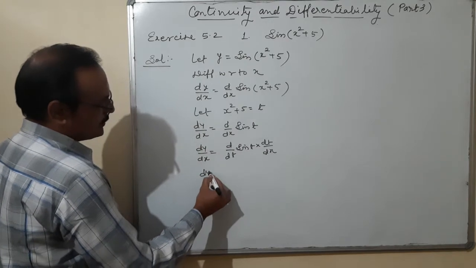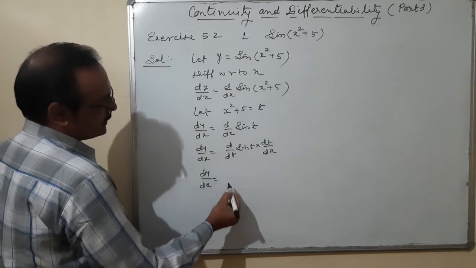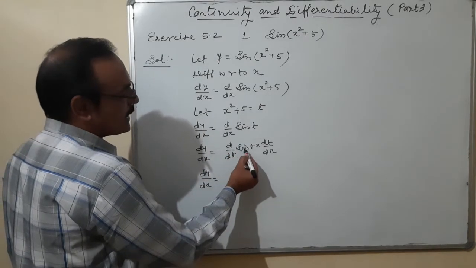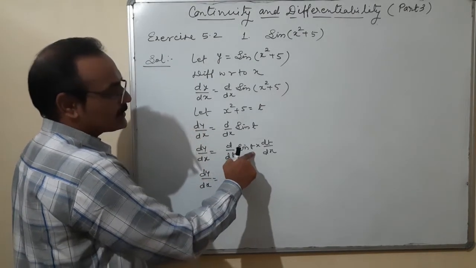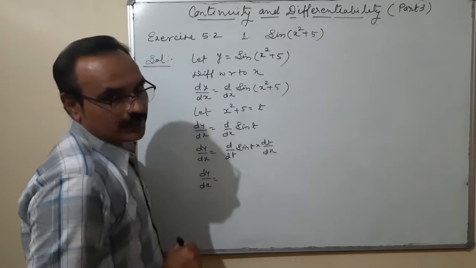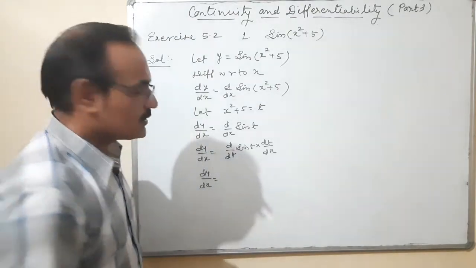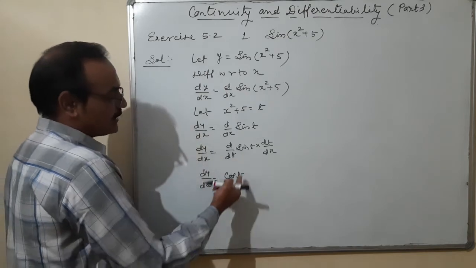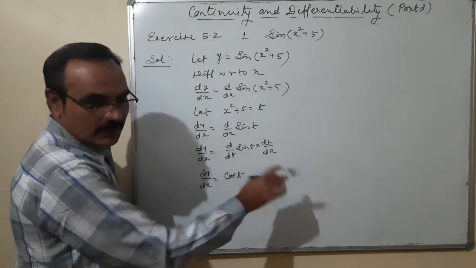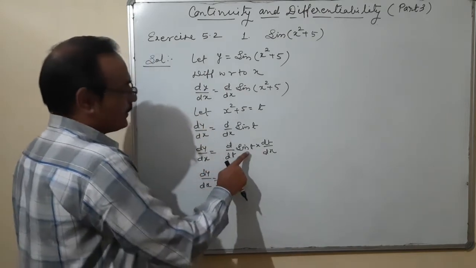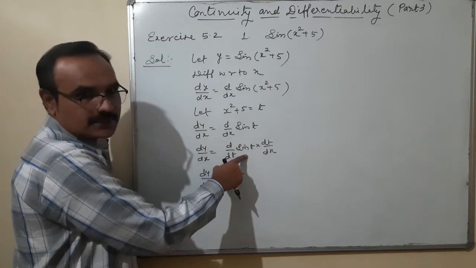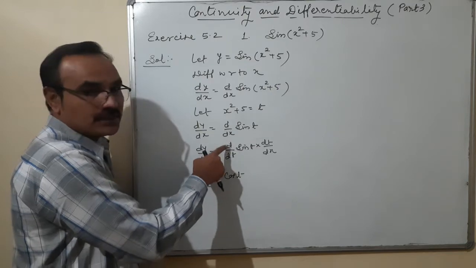Now what happens? Dy by dx is equal to dy by dt of sine t, that means we are going to differentiate sine t with respect to t. So differentiation of sine t is cos t. So simply I'll write here it is cos t. When we differentiate, the dy by dt is removed immediately, because dy by dt means that we have to differentiate this term, and after differentiation we remove it from here.